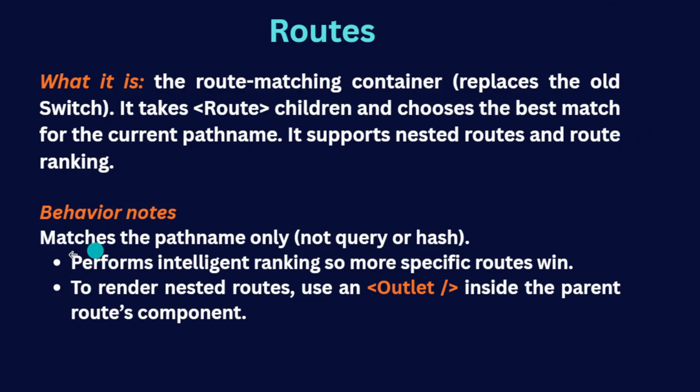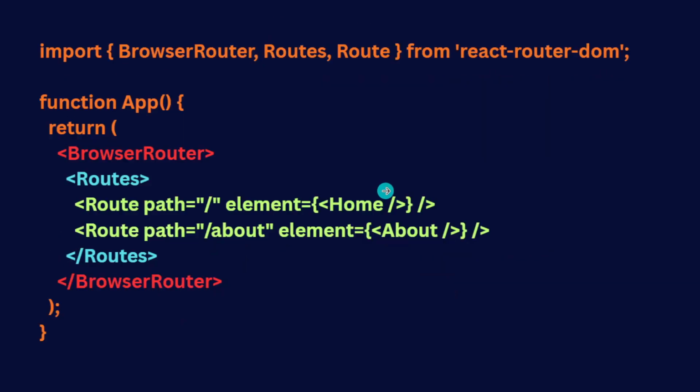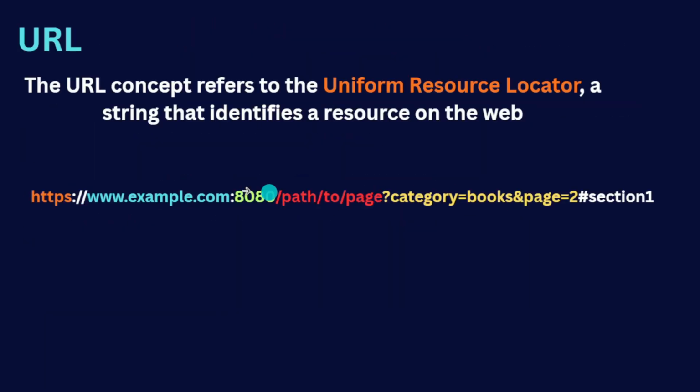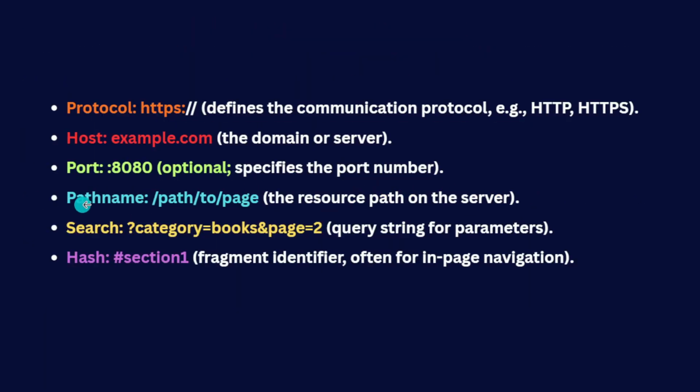The behavior is very simple: match the path name only, not query or hash. So routes only focus on path name. If you go back to here, this is a path name. That's why I explained to you, because every term matters right now in the URL.